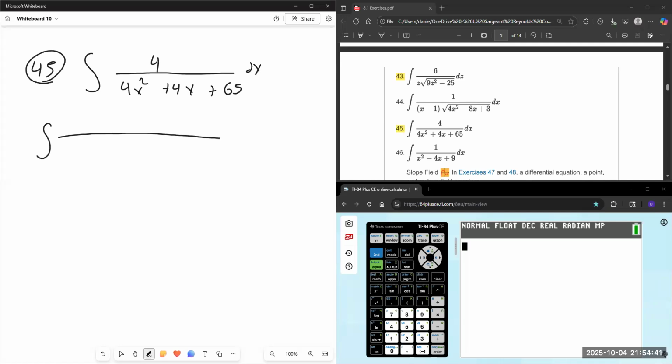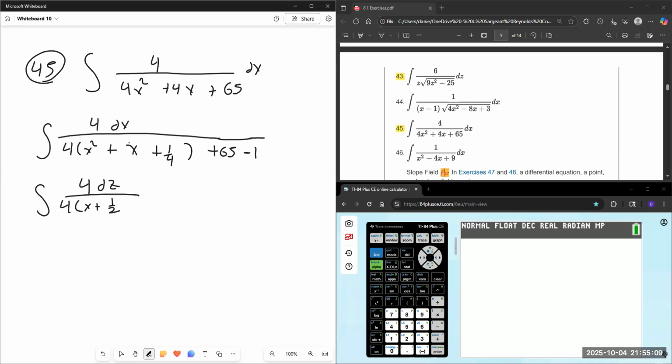Let's leave this alone for right now. 4 times x squared plus x, and plus 65 out here. Half of the middle number squared is a quarter. 4 times a quarter is 1, so I added 1. I need to subtract 1. That makes 4 dx over 4 times x plus 1/2 squared, plus 64.